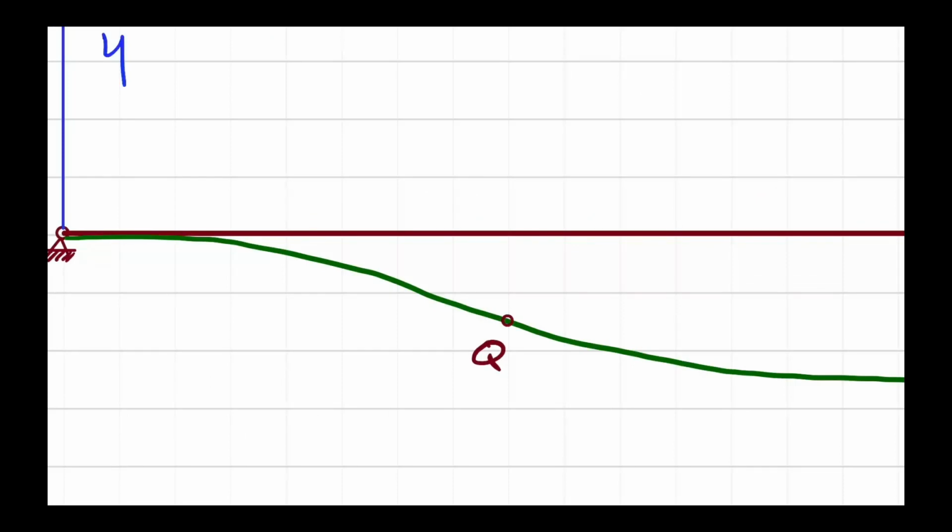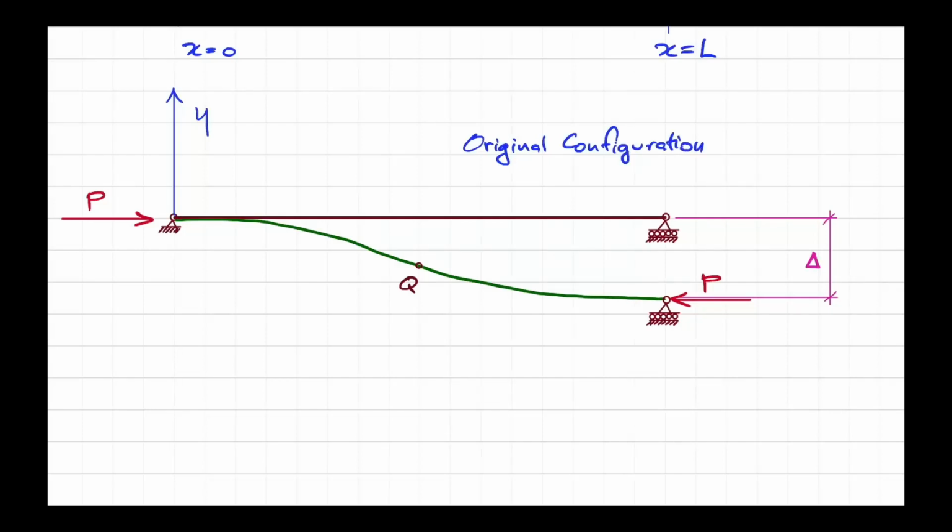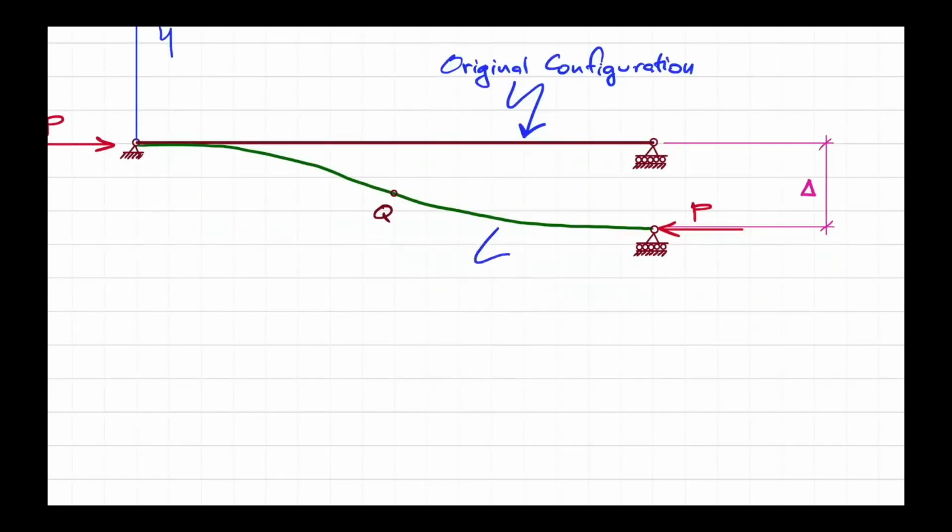Can I just write something? This is called the original configuration, and the green line is called the deformed configuration.